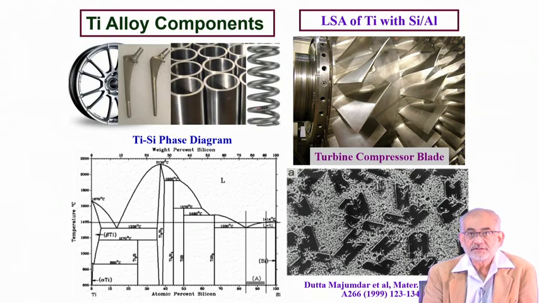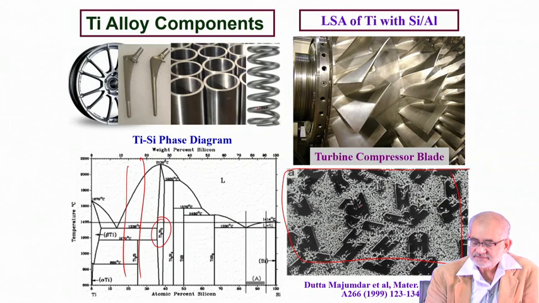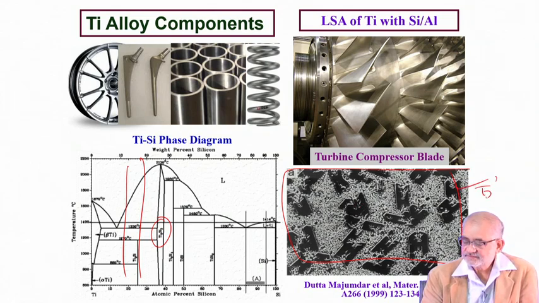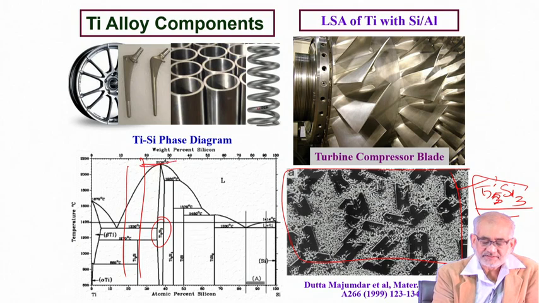To cut the long story short, we were able to create such a hypereutectic microstructure. Typically you require so much of alloying elements to create a hypereutectic microstructure with Ti5Si3 as the primary phase. These are the faceted Ti5Si3 phases, and this kind of intermetallic phase has a very high congruent melting temperature and is fairly resistant to oxidation.